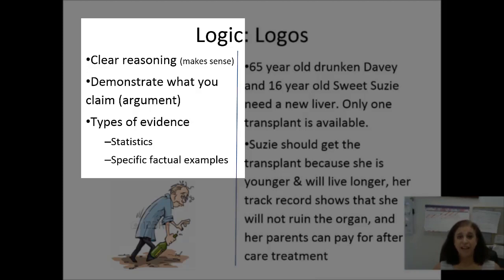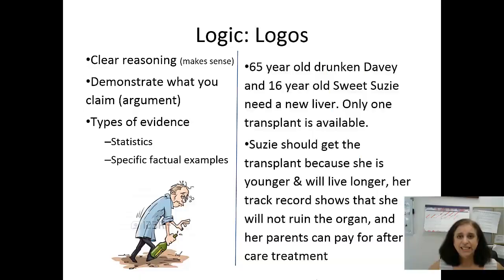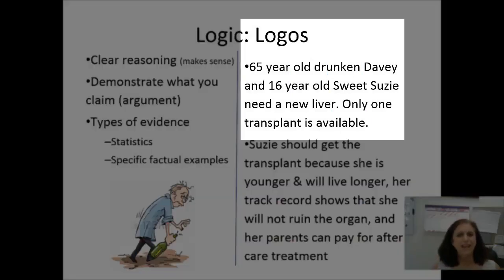Logos relies on facts, statistics, very specific examples. Let's take an example of this. Imagine there's 65-year-old drunk Davy and sweet 16 Susie. They both need a liver transplant, but there's only one liver available. Using logic, who should get the liver?